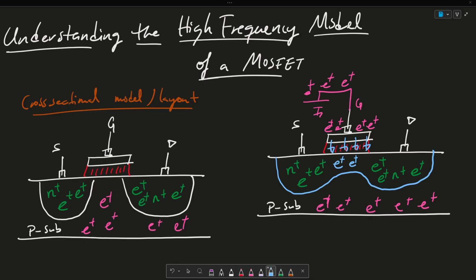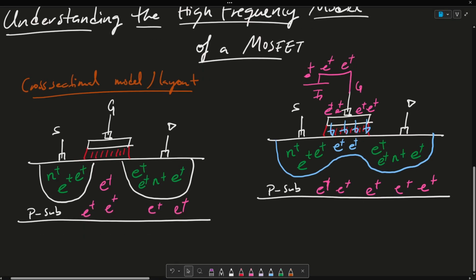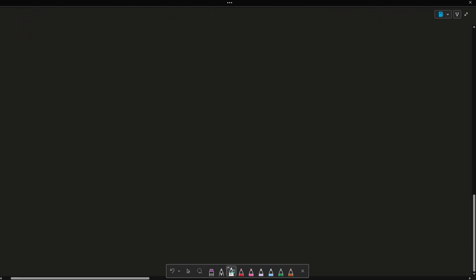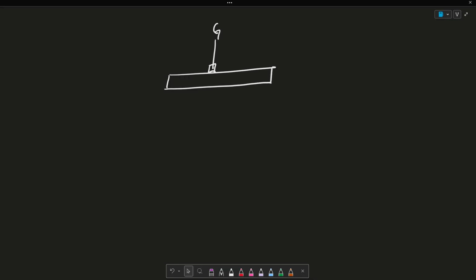Okay, so now where do these capacitors come from? Let me go ahead and redraw a clean, nice new symbol. This is my gate. It's connected to a metal. So this is metal. There is an insulator here.